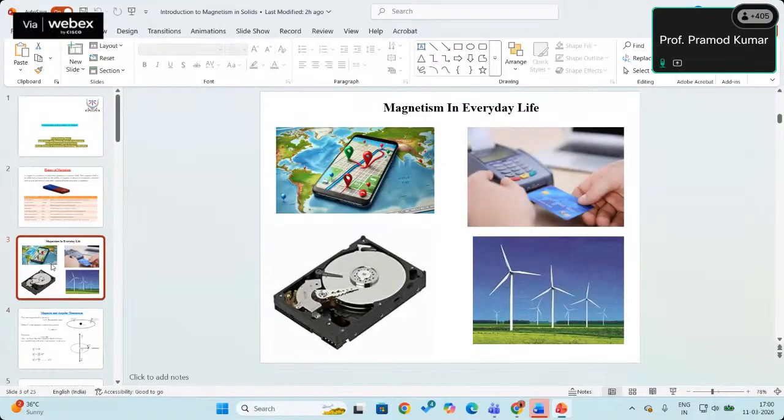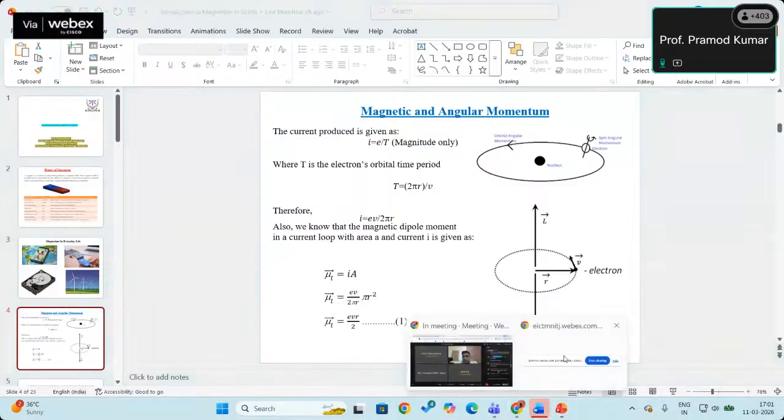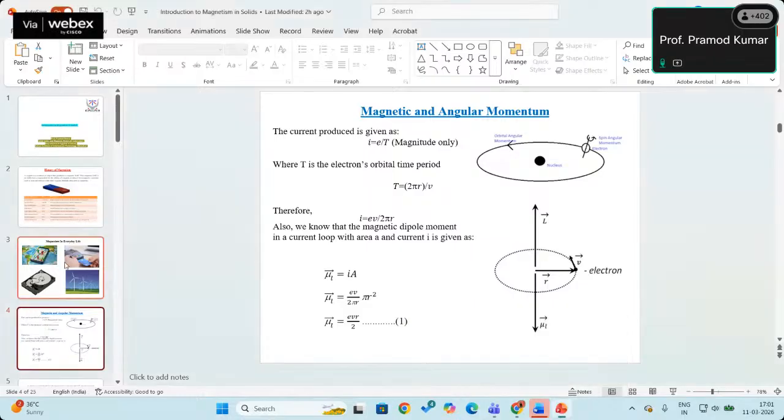If you look at slide three, basically I just talked about the applications. After that, I started the explanation of the origin of magnetism in materials. Of course, these two slides are totally different. Here, this is just applications.